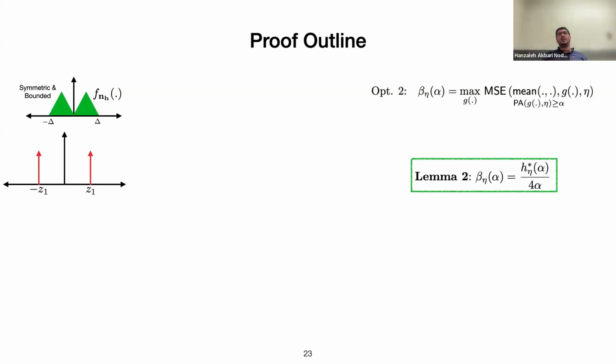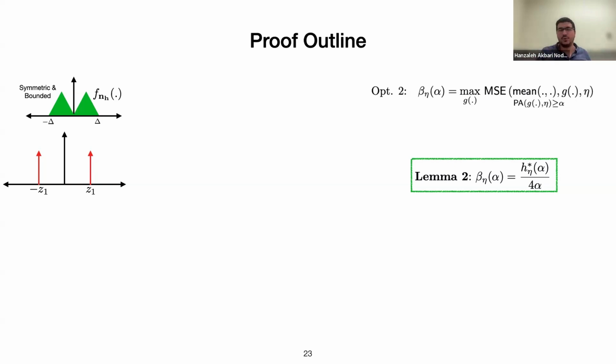In order to find the solution of this problem, first, for this class of noise, which you can see here, the adversary is utilizing a kind of discrete noise distribution: with the probability of a half, the noise value is Z1, and with the probability of a half, the noise value is minus Z1.